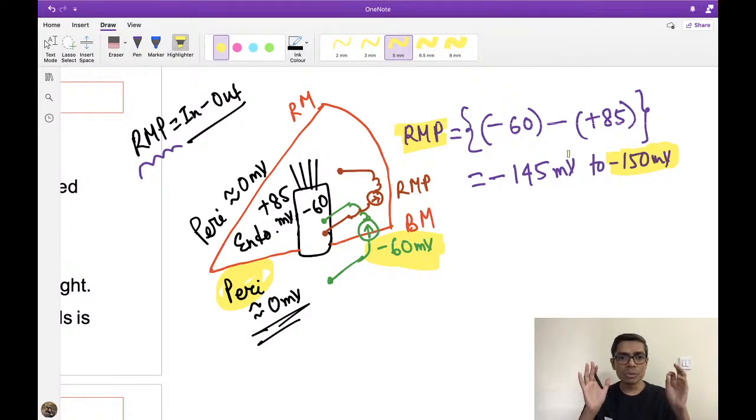But because we know that endolymphatic potential is plus 85 millivolt, if you measure the potential with respect to endolymph, then the RMP will be minus 150. But if you measure the potential with respect to perilymph, that is minus 60 millivolt. Generally, if it is not mentioned with respect to what, then your answer is with respect to perilymph only. That is minus 60 millivolt is your answer.